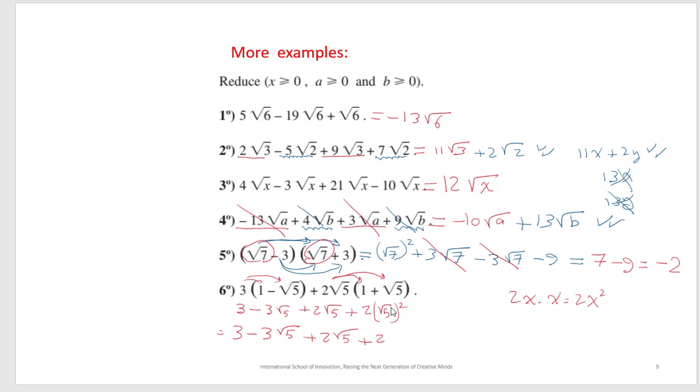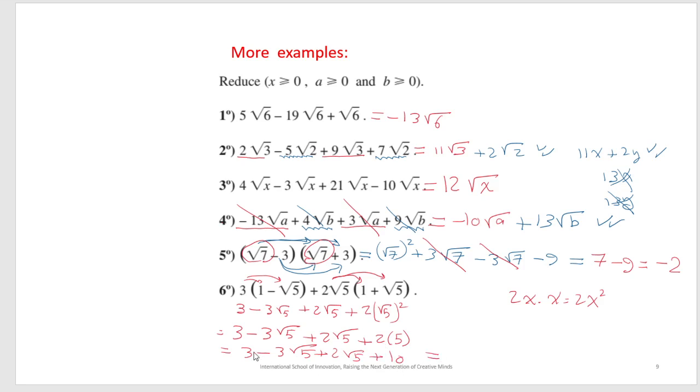What is radical 5 squared here? Radical 5 all of it squared, isn't it 5, so it's 5. Okay, see what's happened? 2 into radical 5 squared. Radical 5 squared is 5. 2 times 5, now we write it 10. So it's 3 minus 3 radical 5 plus 2 radical 5 plus 2 times 5, 10.